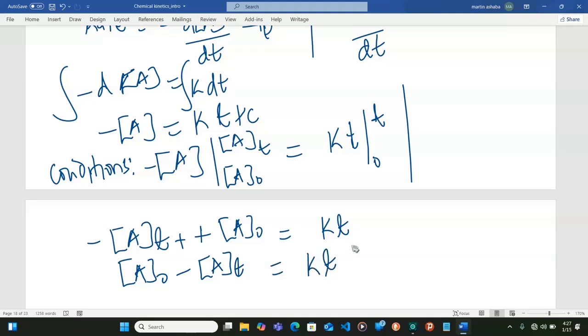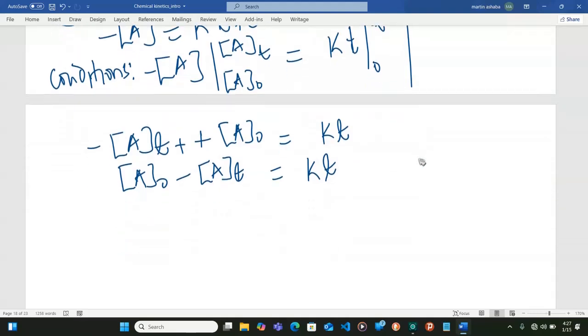Okay, so what is this going to give us? So this is going to give us, if we want, for example, of course, the concentration at any time t. This is equal to the concentration at time is equal to 0 minus kt.